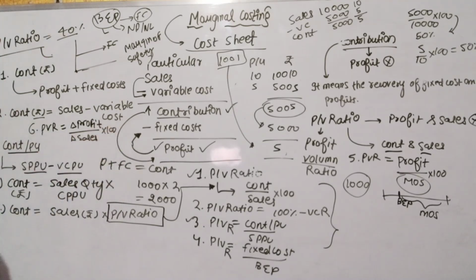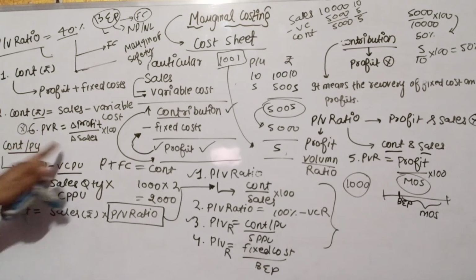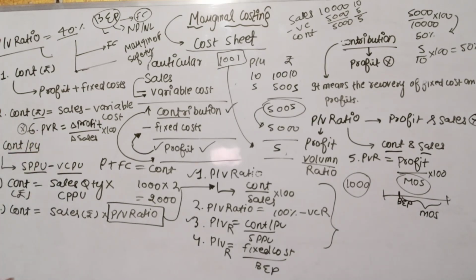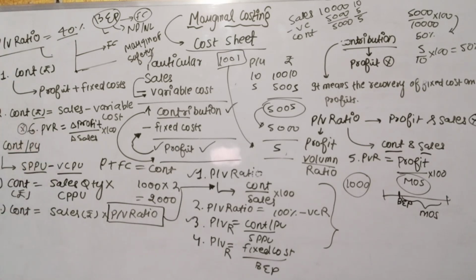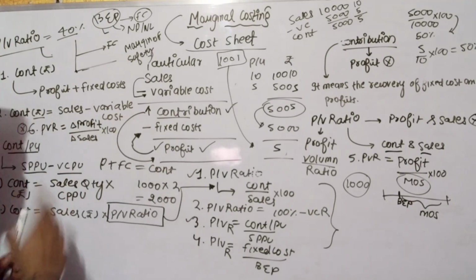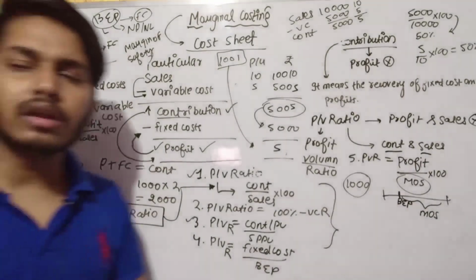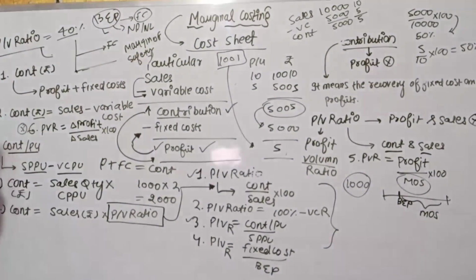And let me tell you, this is not a special formula. This formula can be applied only when you are analyzing the situation of 2 years, not a single year. When you are comparing the results of 2 costing years, then you can apply this formula.